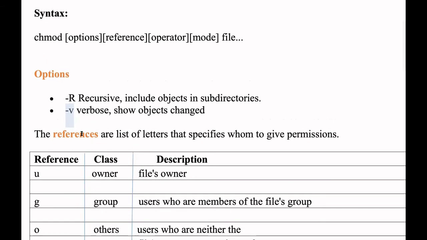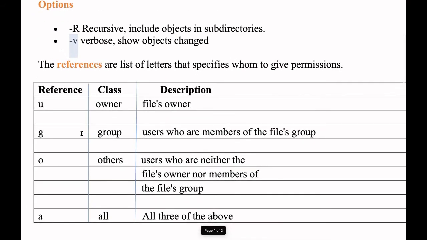The second is the references. The references are a list of letters that specify whom to give permissions. Actually, there are four references. One, the user, the owner of the file or the directory, referred to as u. Another is the group, which we refer to by g. These are users who are members of the file's group.